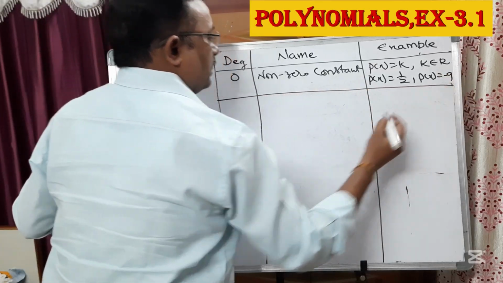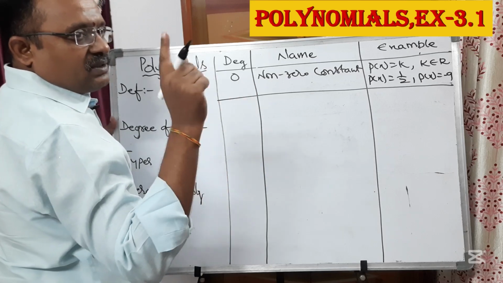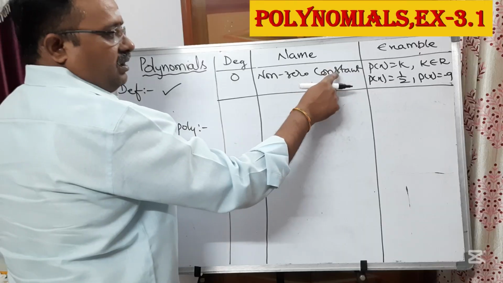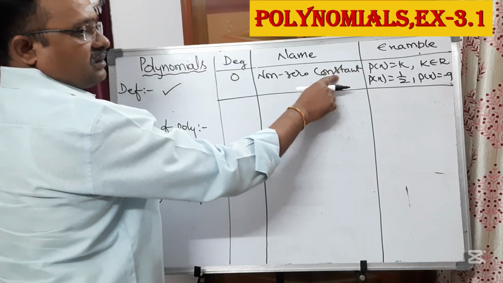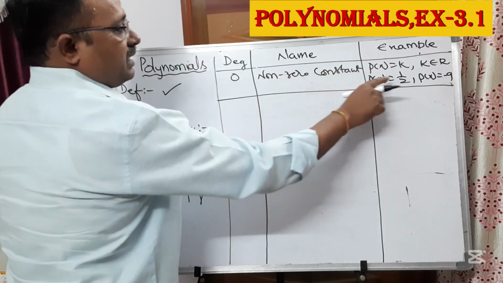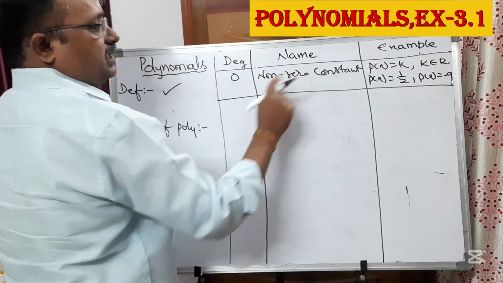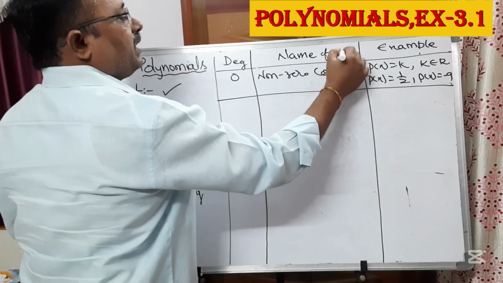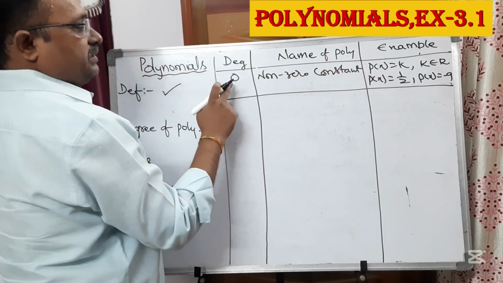These are the simple examples. Except 0, all remaining real values are examples of a non-zero constant polynomial. Name of the polynomial is this, its degree is 0.